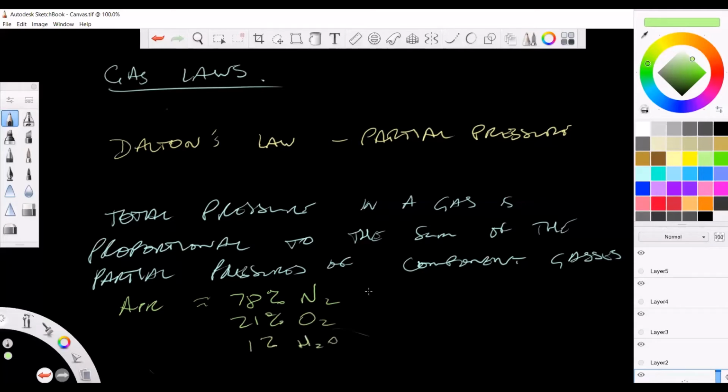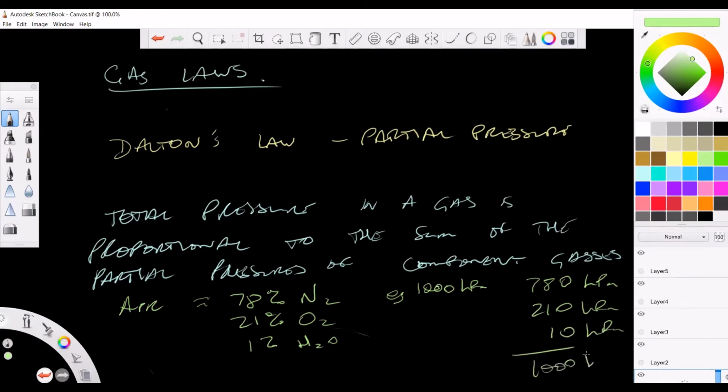And so let's say at 1,000 hectopascal, we can say that the nitrogen has approximately 780 hectopascal, the oxygen has about 210 hectopascal partial pressure, and water vapor has about 10 hectopascal. If we add all those up, we get 1,000 hectopascal. And really, the only important thing for you guys is to explain the meaning of partial pressure.